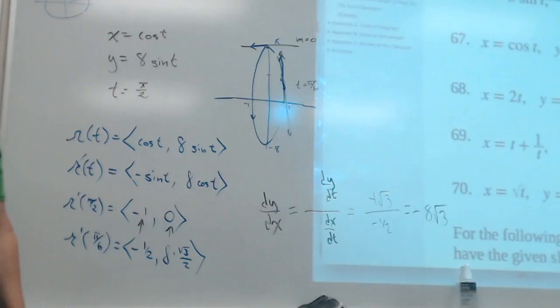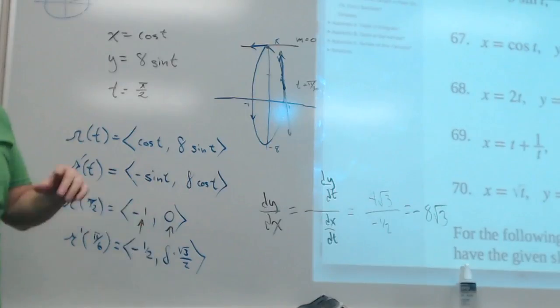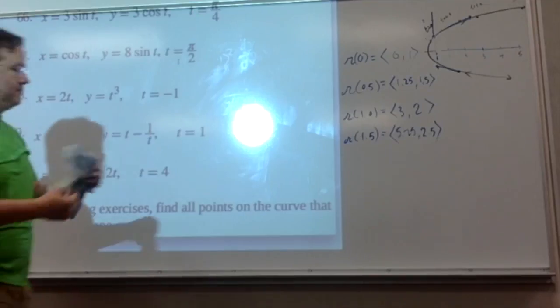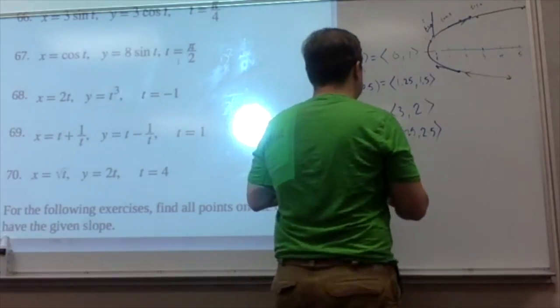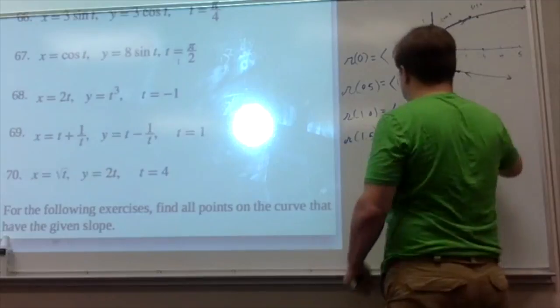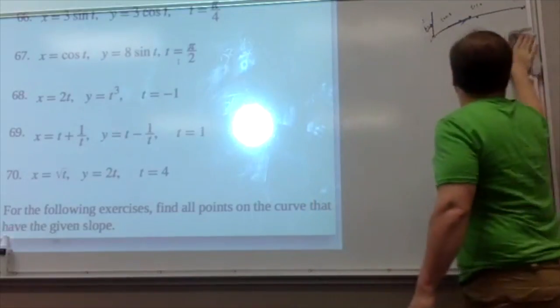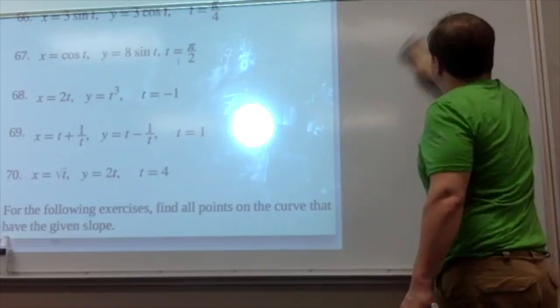Oh, okay. As a vector it's going like that, but the slope is not a vector at all. That's how those go.